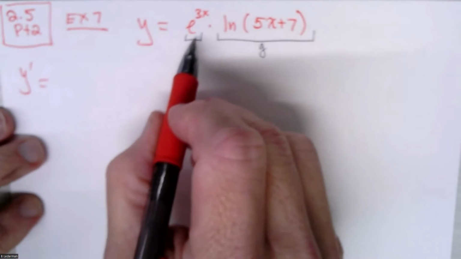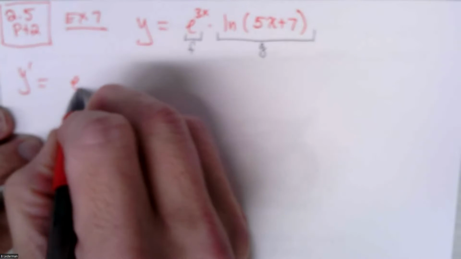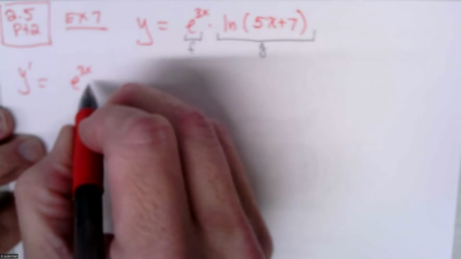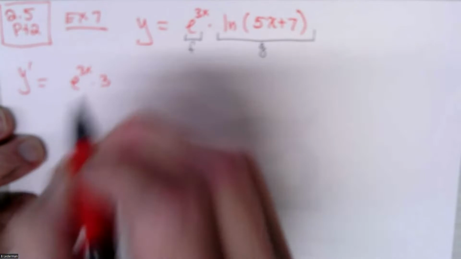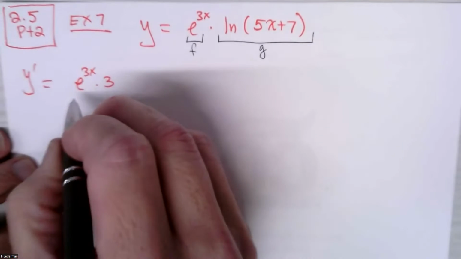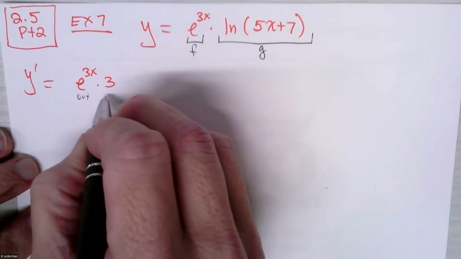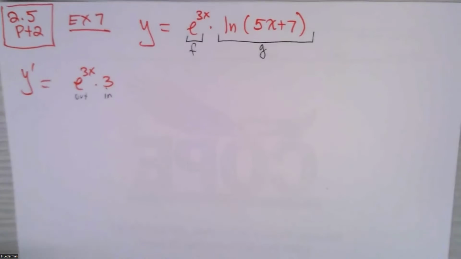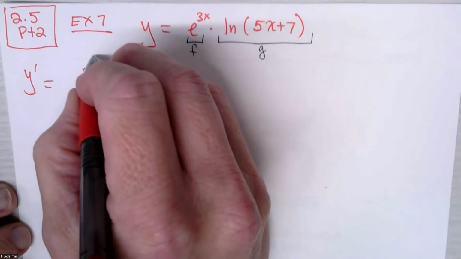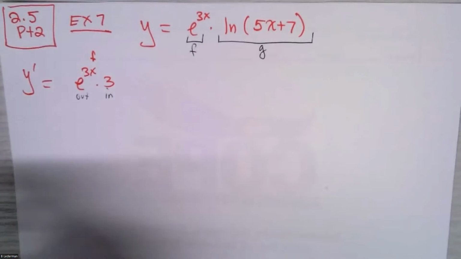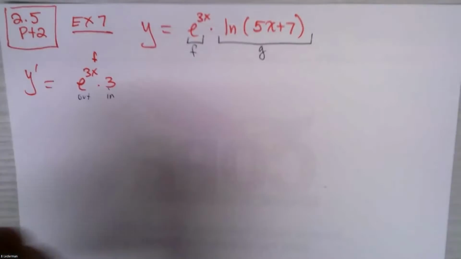So first I'm going to do the derivative of e to the 3x. The outer derivative is e to the 3x times the inner derivative, which is 3. Again, that's my outer, that's my inner. And this whole thing here is my f prime.